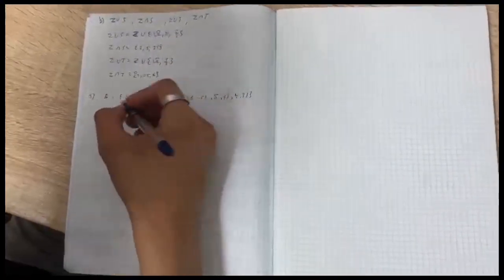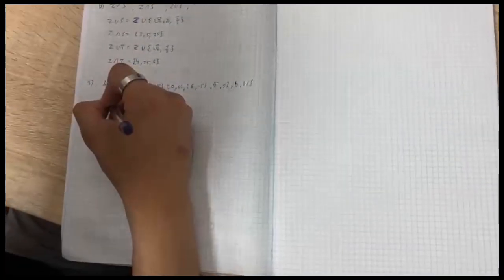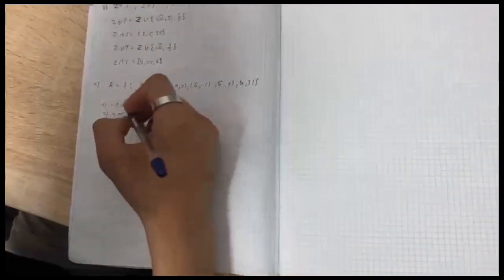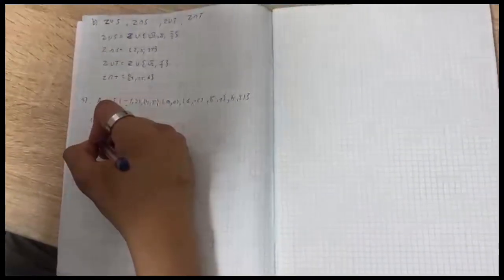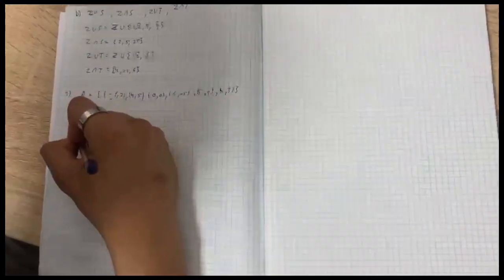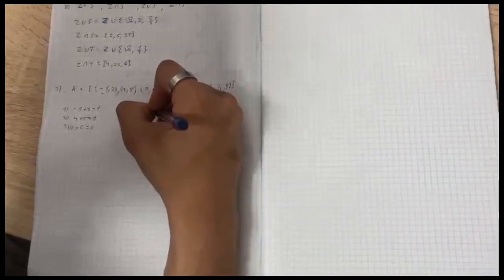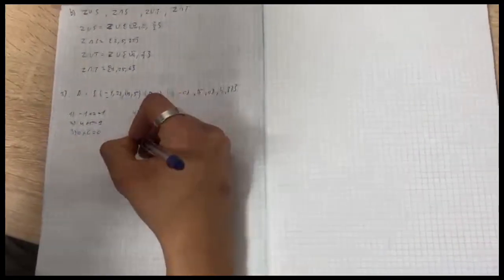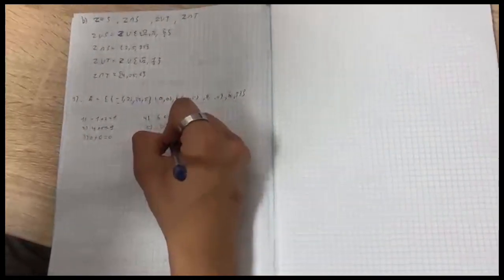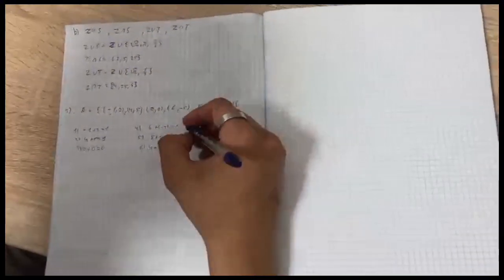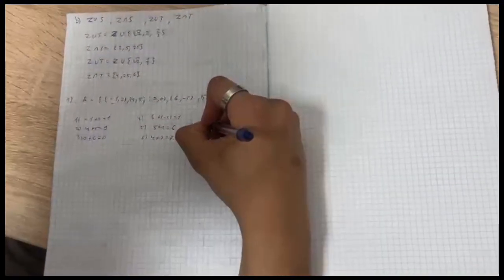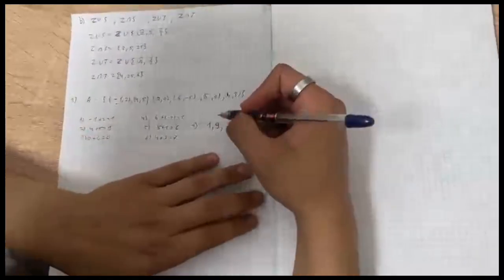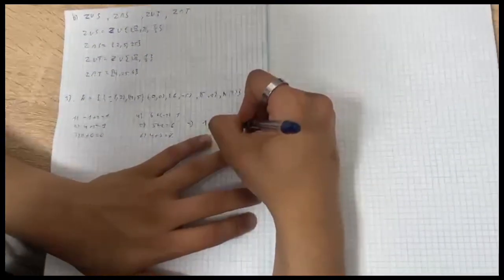So we're beginning with this one. It's minus 1 plus 2, which is 1. 4 plus 5 is 9. 0 plus 0 is 0. 6 plus minus 5 is 1. 5 plus 1 is 6. And 4 plus 3 is 7. So in the result we have 1, 9, 0, 6, and 7.